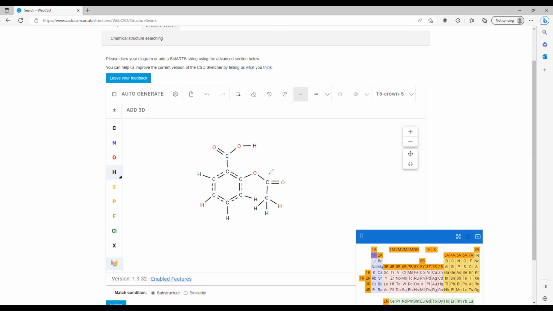Just keep in mind that this is the methyl group that we talked about previously. And this is the OH group, the hydroxyl group that we talked about previously as well.